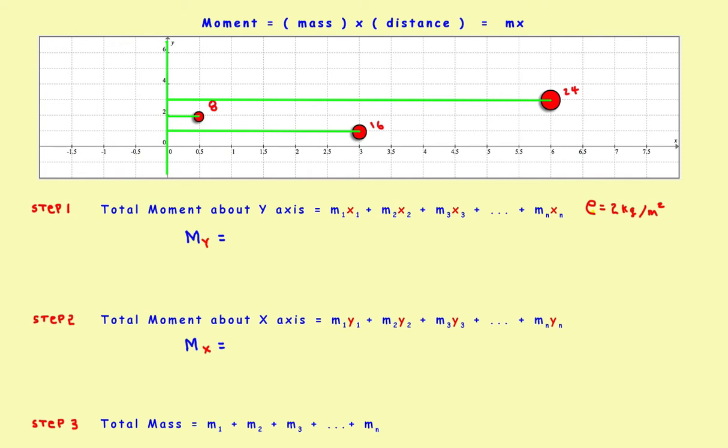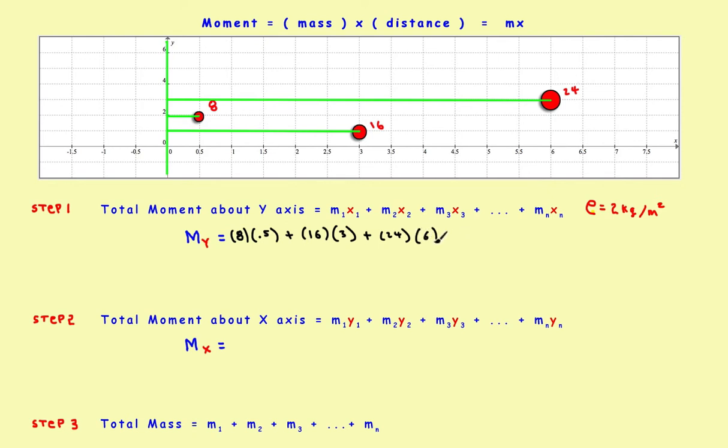So what those would be in our system would be the mass of each object: mass 1 times distance 1. The first mass is 8 kilograms times the distance, which is 0.5, plus the second mass is 16 kilograms and the distance is 3. And finally, the third mass is 24 kilograms, so it's going to be 24, and the distance was 6.